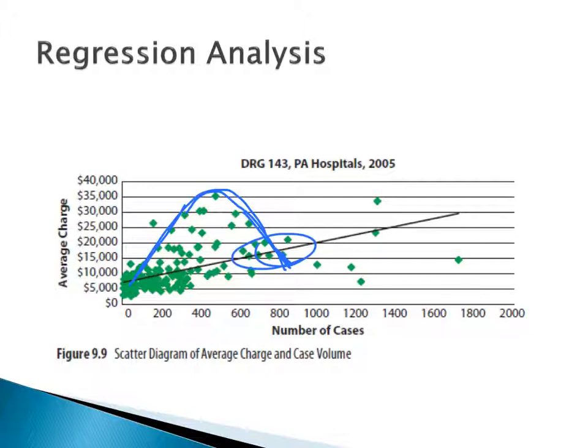Of course our costs are going to go up a little bit, but per case, when you think about it, they really shouldn't go up that much. So I think this is kind of a crazy example, and that we have an outlier up here, but this is the example that Ross used.